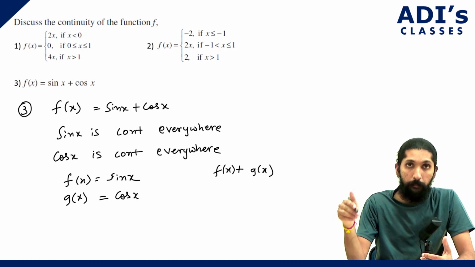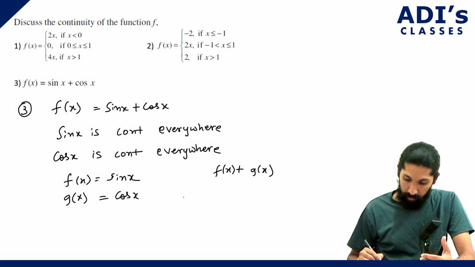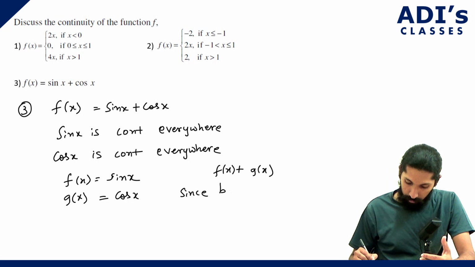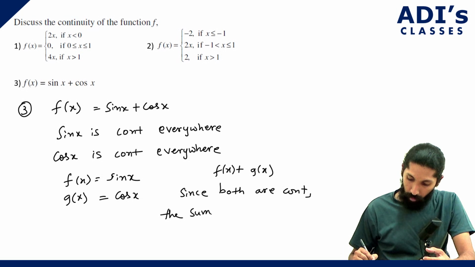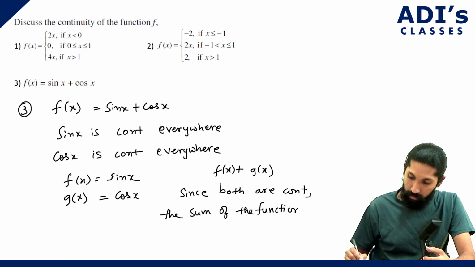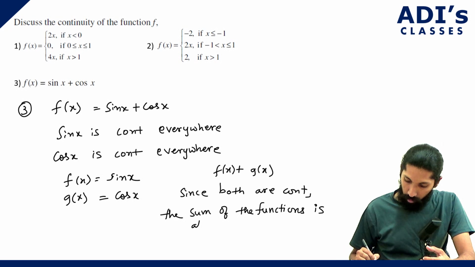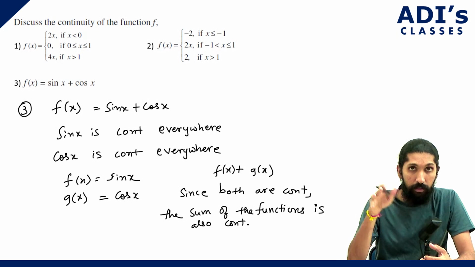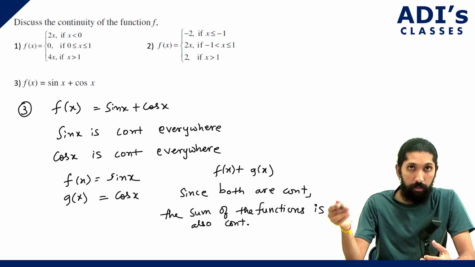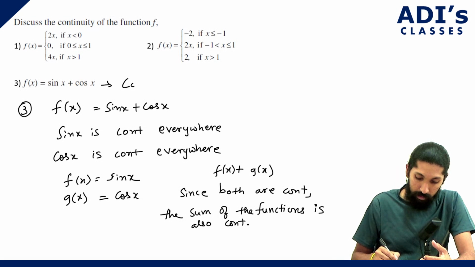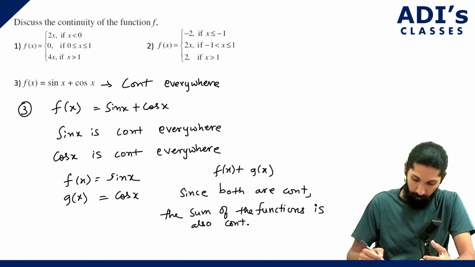So we can say that since both are continuous, the sum of the functions is also continuous. Hence, f of x, which is sin x plus cos x, is continuous everywhere. Alright, this is continuous everywhere.